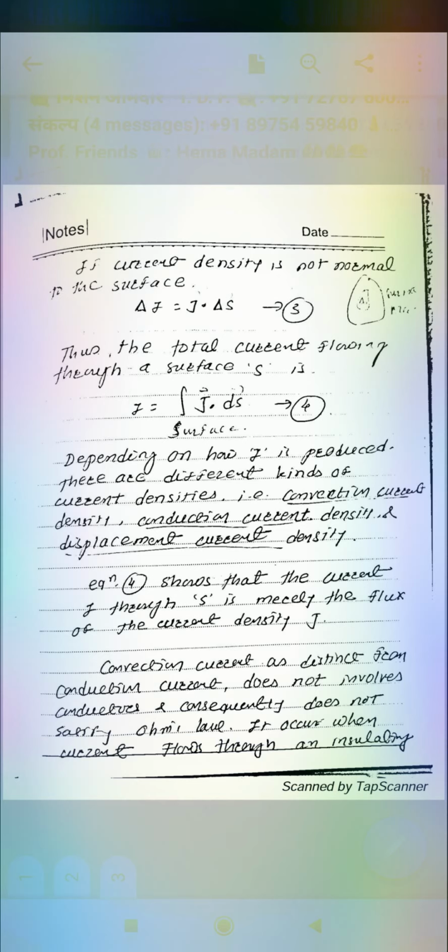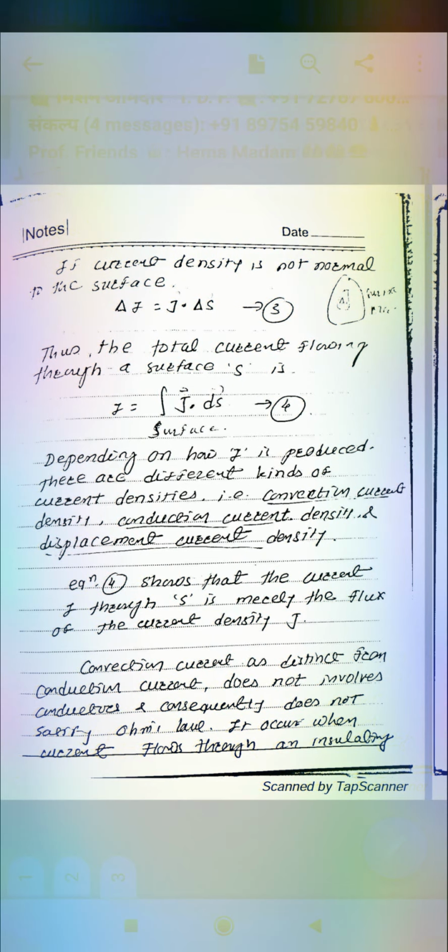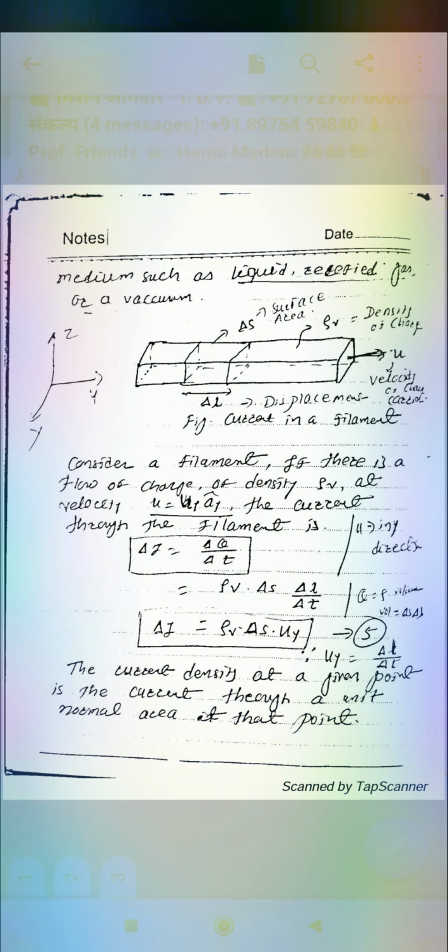Whenever there is current flowing through an insulating material such as liquid, gas or a vacuum, we can say that this is convection current.